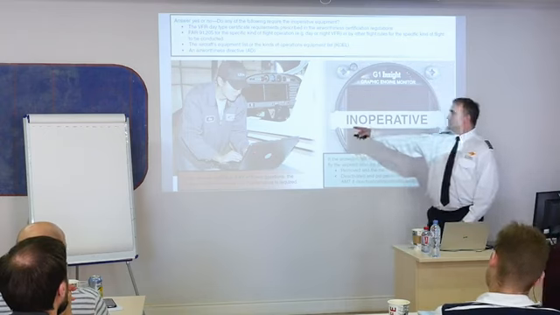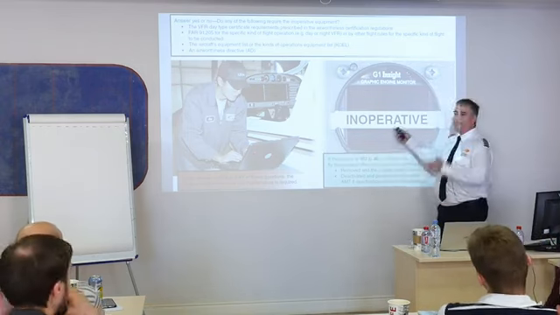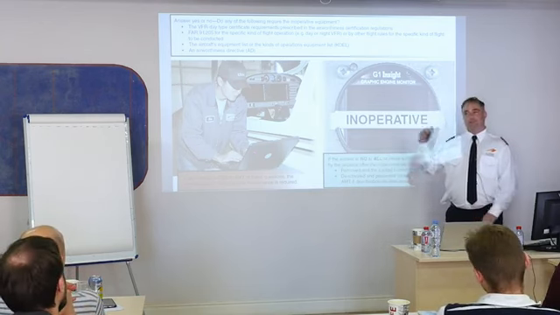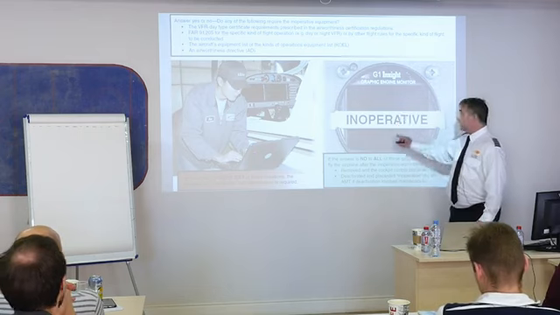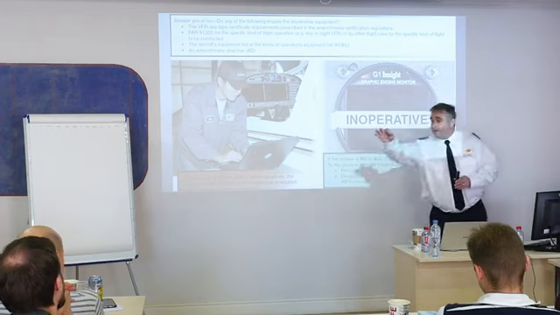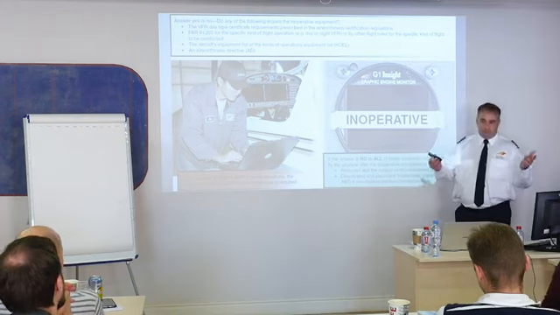Yes, I understand. We're supposed to report it to maintenance. We're supposed to put it inop, but don't be terribly surprised if you find one that's not placarded. Because it probably was placarded inop, and then somebody else got in there and pulled the sticker off. That's what we run into, that kind of stuff.